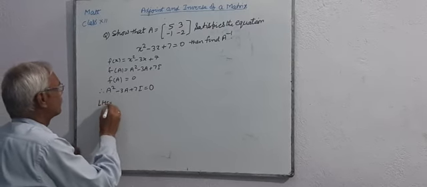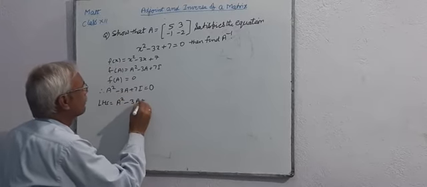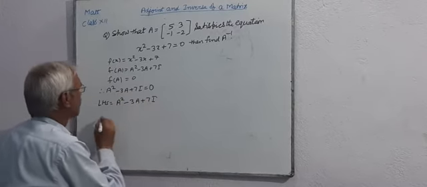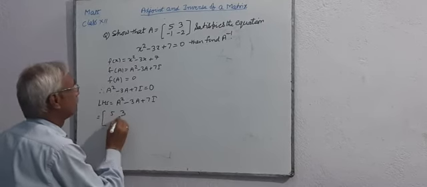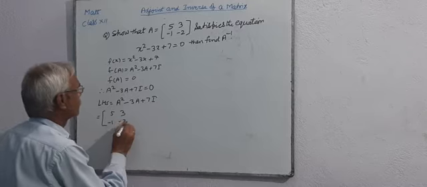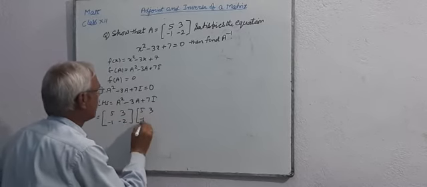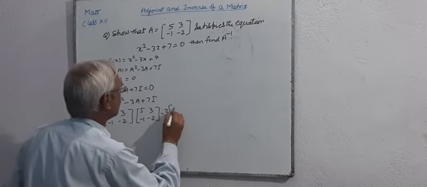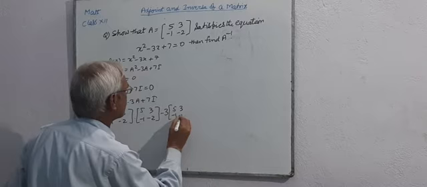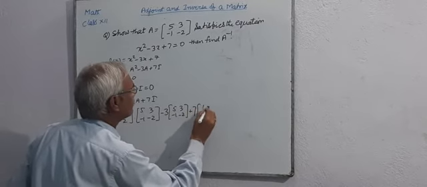LHS equal to A square minus 3A plus 7I equal to 5, 3; minus 1, minus 2, into 5, 3; minus 1, minus 2, minus 3 times 5, 3; minus 1, minus 2, plus 7 times 1, 0; 0, 1.